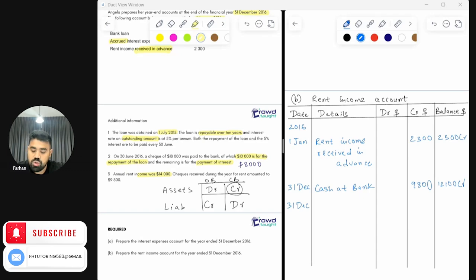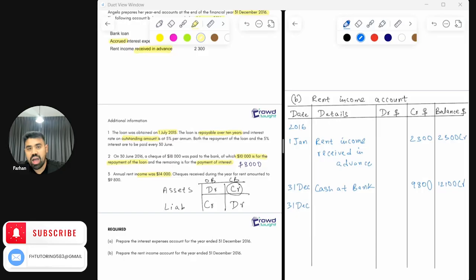If the annual rental income was $14,000, we know that all expense and income accounts must be reset to zero balances at the end of the financial year under the accrual basis or the matching concept for an accurate profit calculation. Income accounts by default are credit accounts. When we have an income, we credit it.